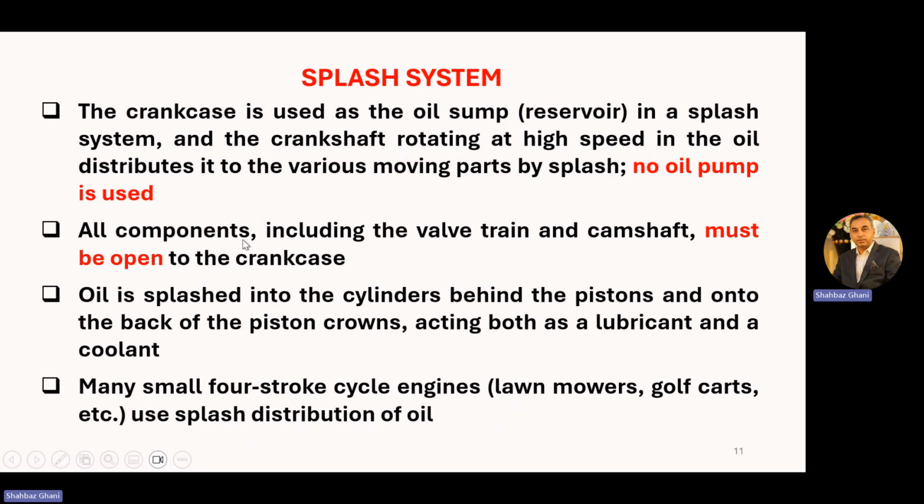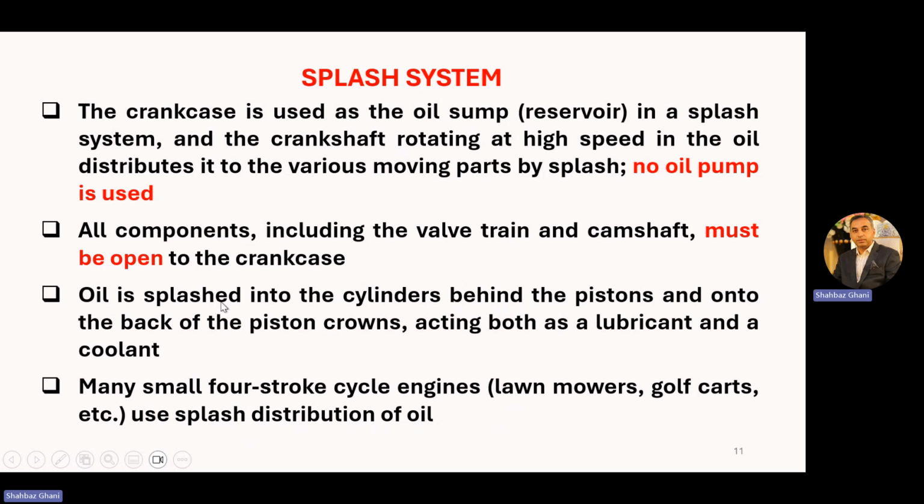All components, including the valve train and camshaft, which are moving parts, must be open to the crankcase so that the oil flow by splash can happen there. Oil is splashed into the cylinders behind the piston and onto the back of the piston crown.